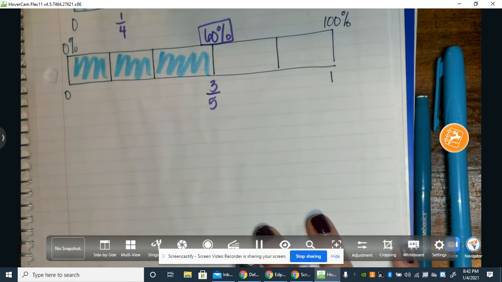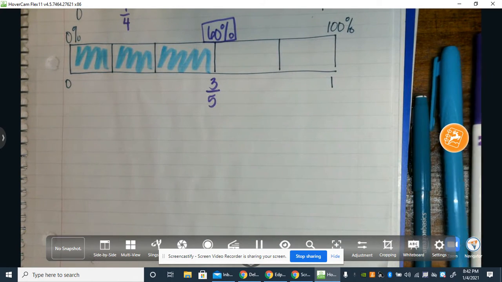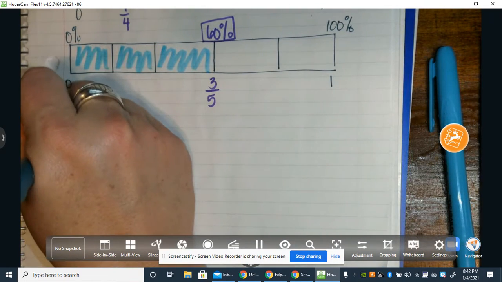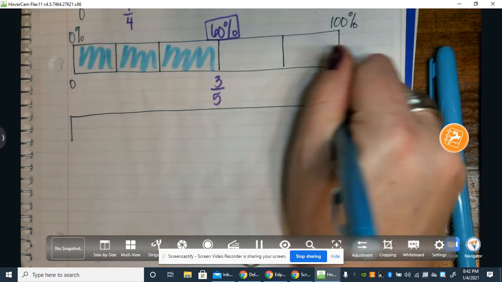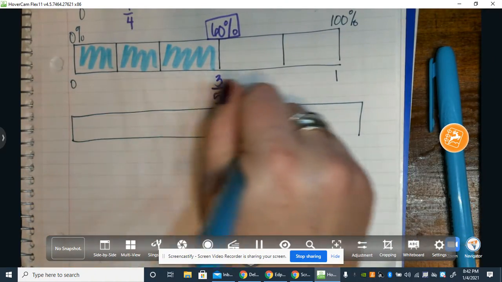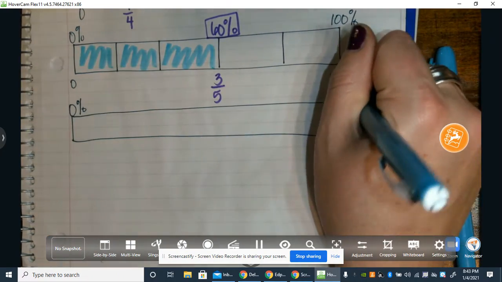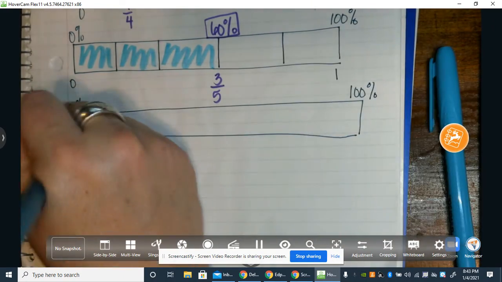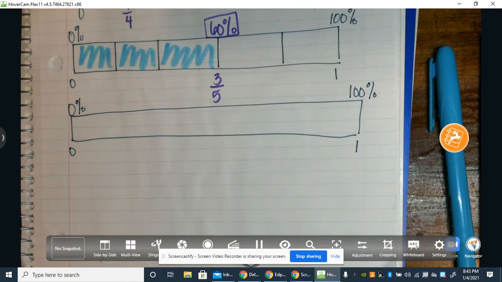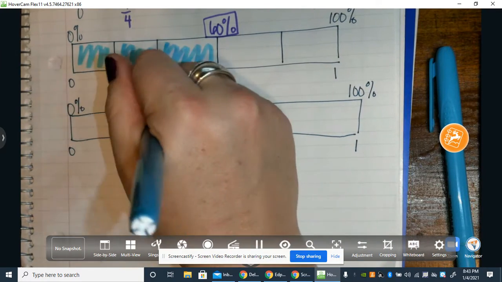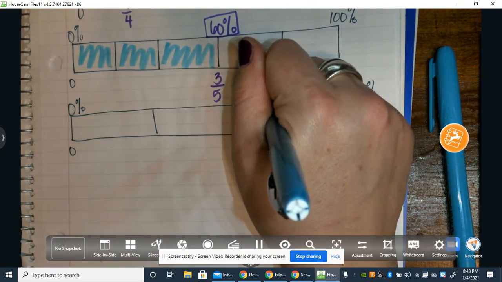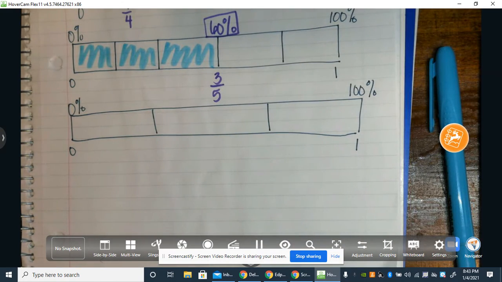And another one that always tricks people up is thirds. So again, I'm going to make my model here. 0%, 100%, 0 and 1. And I'm breaking it down into 3 parts, making 2 cuts, roughly about the same.